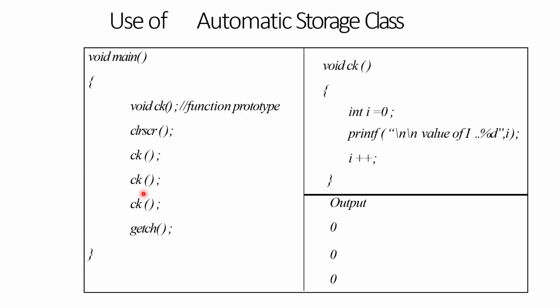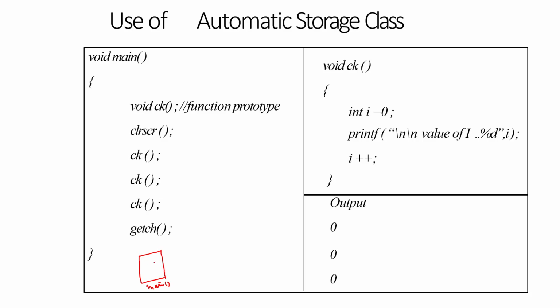Now if I ask you what is the result, let's try to realize it from a memory point of view. Let's draw the situation here, that we have a memory for the main function, right?